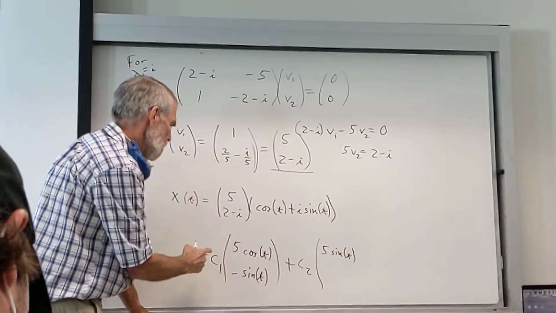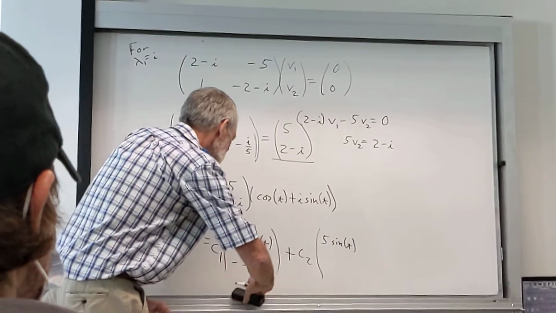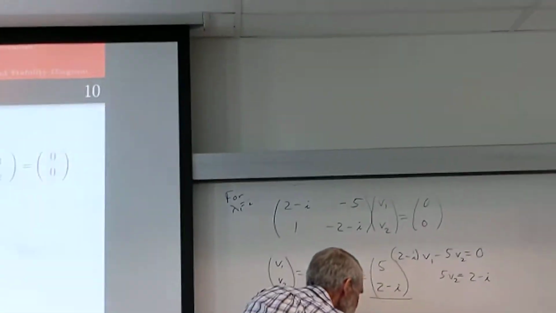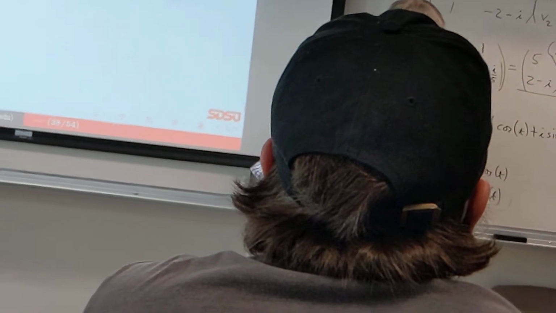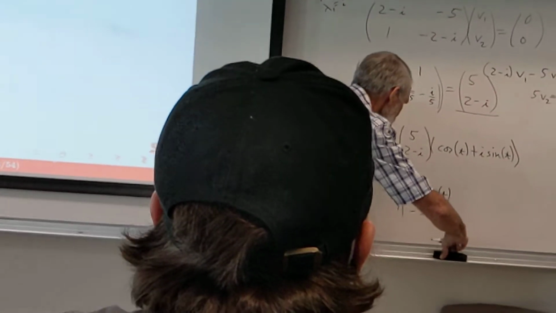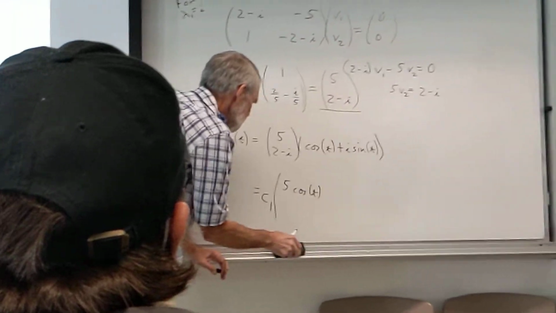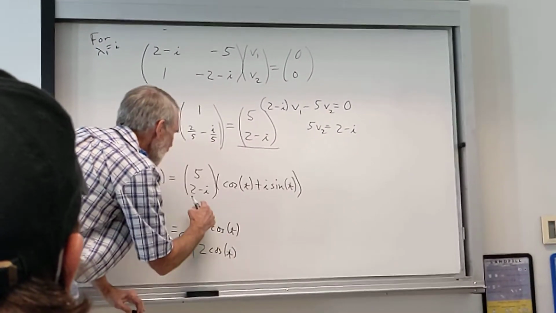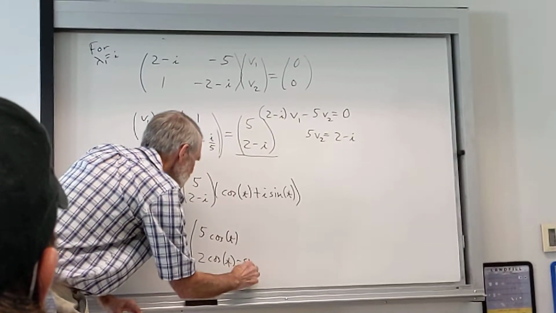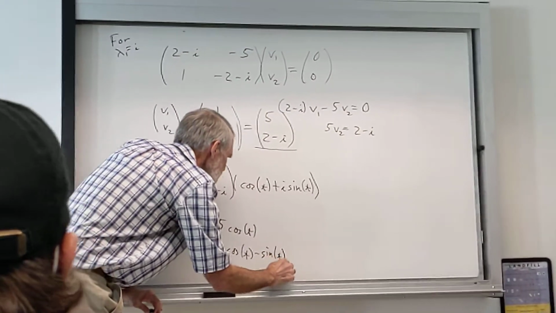And what's the imaginary? Whoops, I missed this one down here. Oops, my mistake. I'm trying to go too fast. Down here, I should get 2 cosine t, and then the minus sine t.